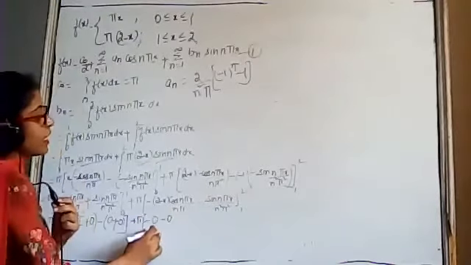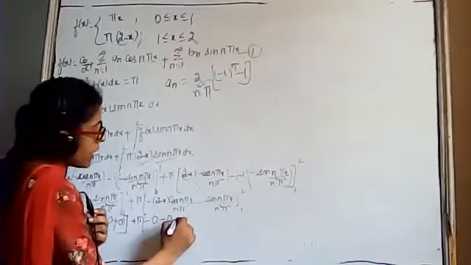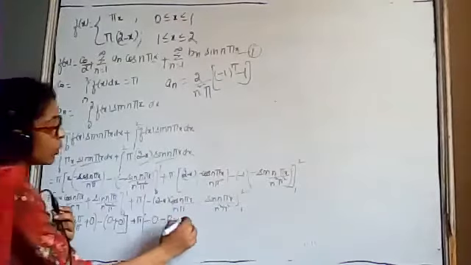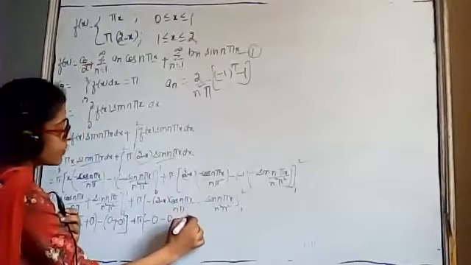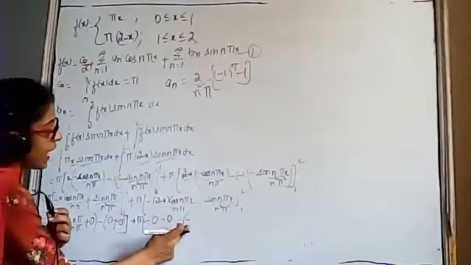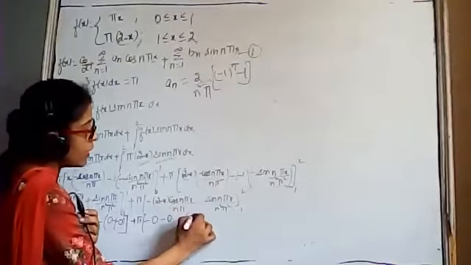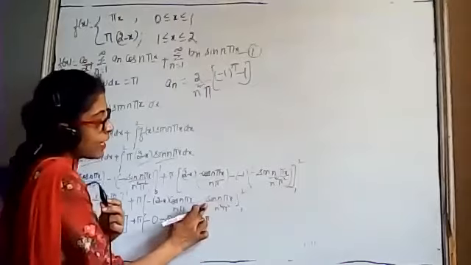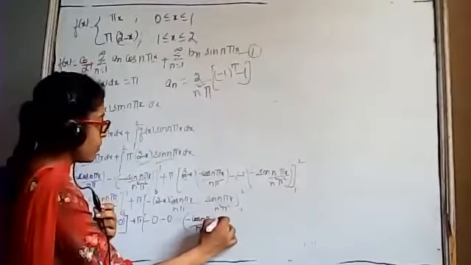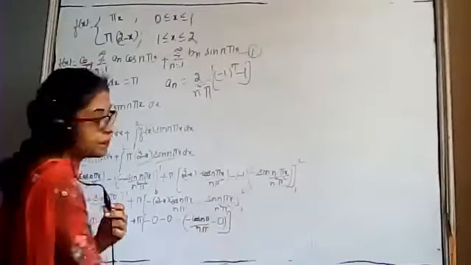Sine 2n pi will be again equal to 0. After that, we have to substitute the lower limit, and the lower limit is 1. 2 minus 1 is 1. This minus sign as it is, 2 minus 1 is 1 into cos of n pi divided by n pi, minus sin n pi, and sin n pi will be equal to 0.